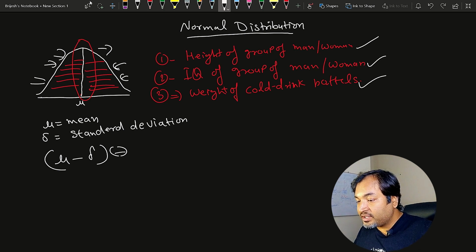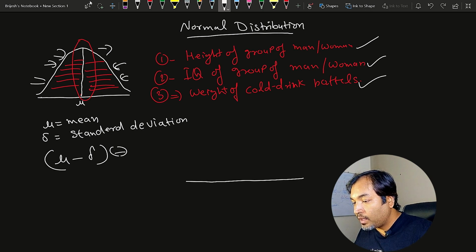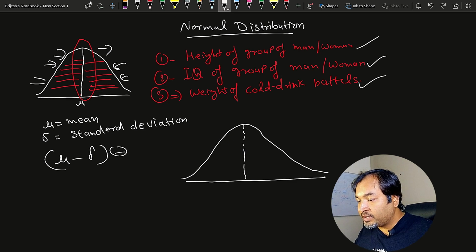So what characteristics can we draw from here? Let's say this is the curve and the center is around the mean. These are the standard deviations.